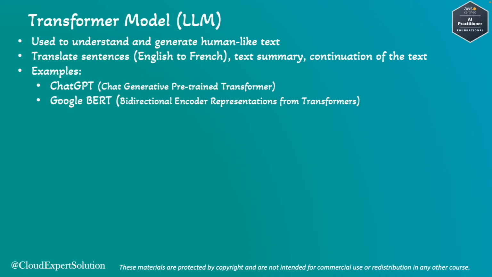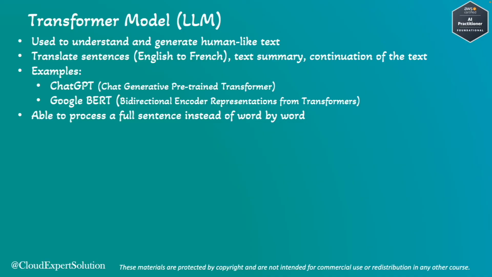ChatGPT's full form is Chat Generative Pre-trained Transformer. And Google Bard is another transformer model, used in language translation. The one capability that sets these transformer models apart is that they are able to process a full sentence instead of processing word by word, and that is why they are so powerful.